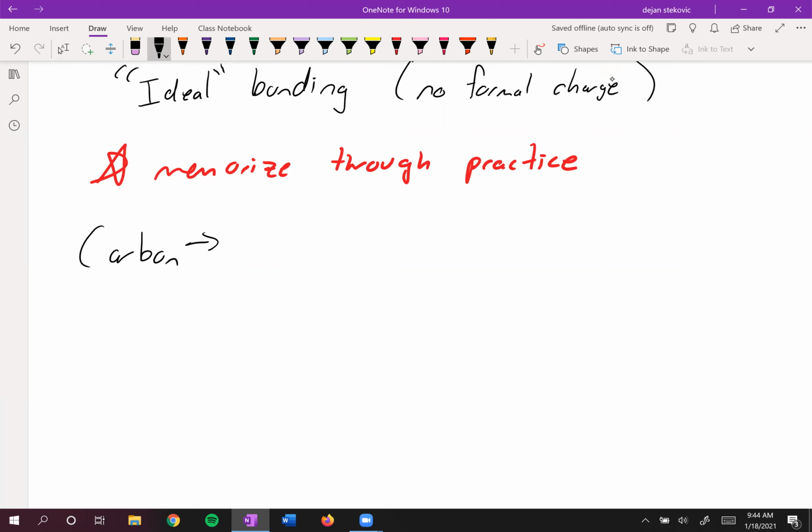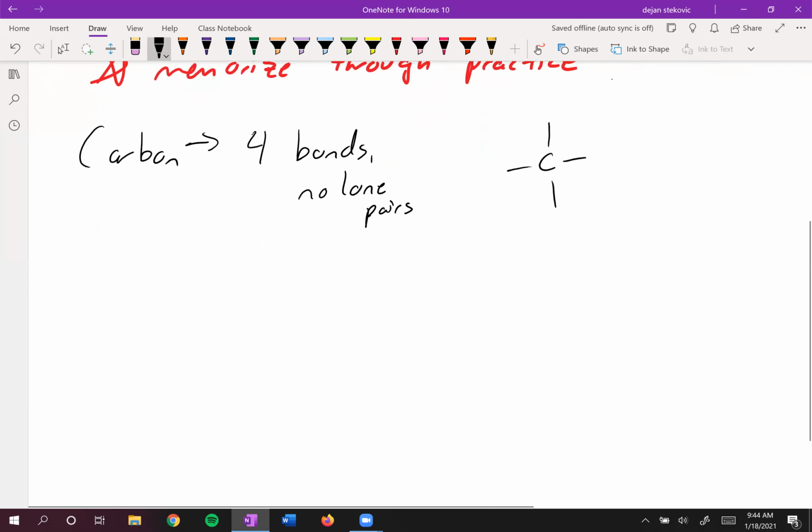In this ideal bonding form, carbon is always going to have 4 bonds, and it's going to have no lone pairs. So there's carbon, I'm just going to draw 4 bonds. At the end of these bonds, there could be all kinds of different things. Next up is nitrogen.